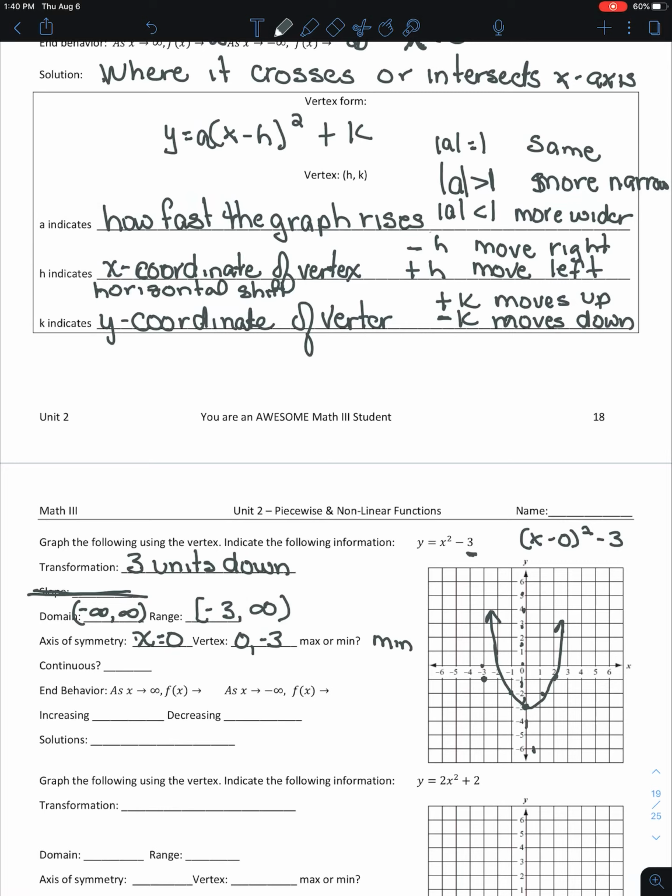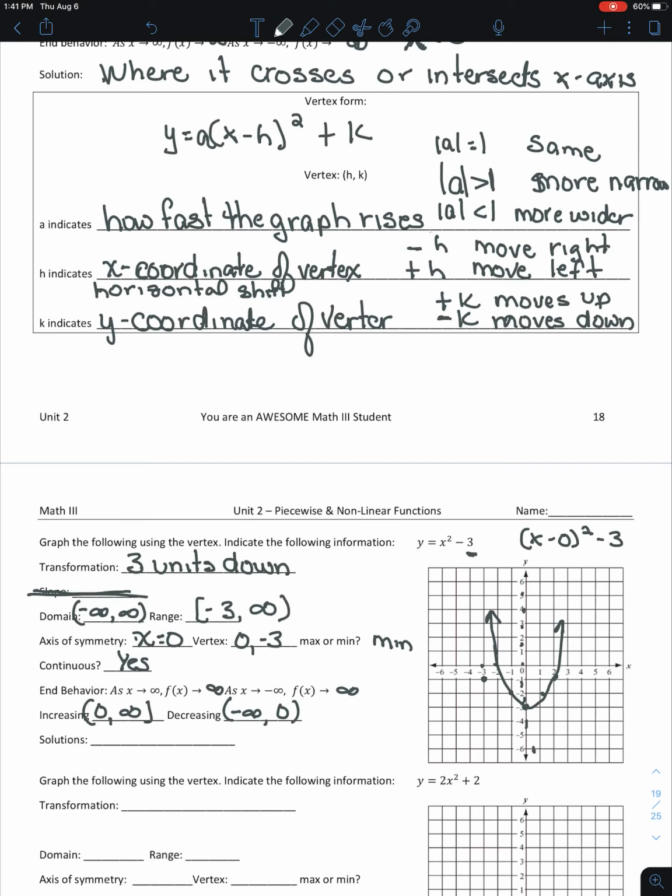Our vertex is 0, negative 3, and we can see that this is a minimum value because it goes down to a minimum and then back up. It's continuous. As x goes towards infinity, our graph goes towards infinity. As x goes towards negative infinity, our graph goes towards infinity. It is increasing from 0 to infinity and decreasing from negative infinity to 0.